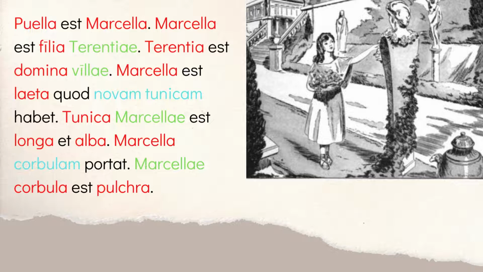Like I said, more often than not, we tend to put the genitive second, but it doesn't really make a difference. Corbula is your subject, right? The small basket. Corbula Marcellae is telling you whose basket it is. It's the basket of Marcella. That's our genitive singular, Marcellae. Right? So Corbula Marcellae, the small basket of Marcella, is pulchra, right? It's beautiful. So she has this very pretty small basket.